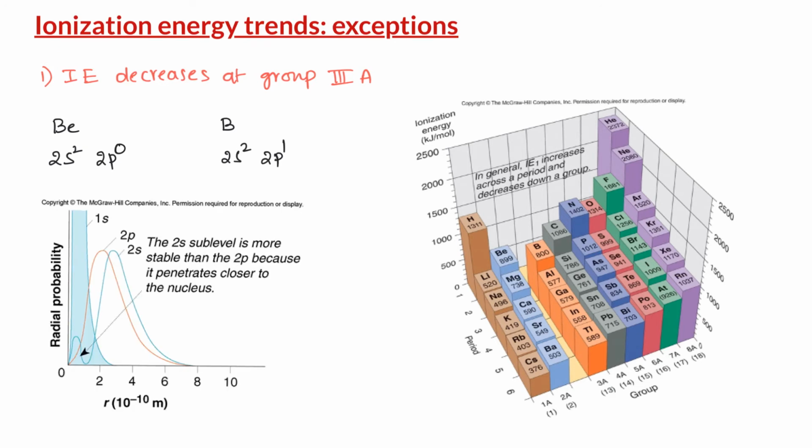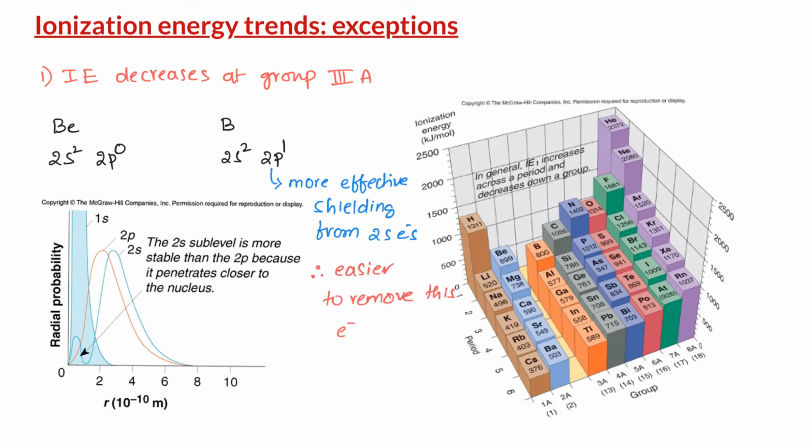Since the s electrons are more penetrating than p electrons, that is, on an average, s electrons spend more time closer to the nucleus than p electrons, the s electrons can shield the p electrons better. Therefore, the outermost electron moves away from the nucleus and it's easier or takes less energy to remove the electron.